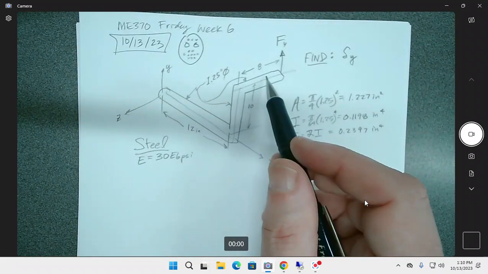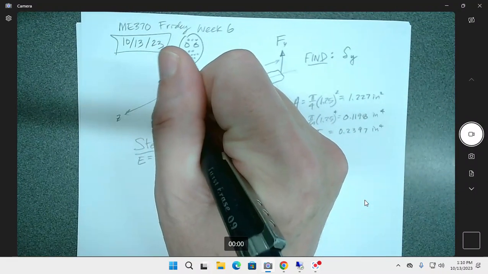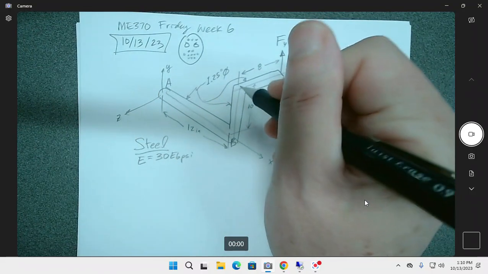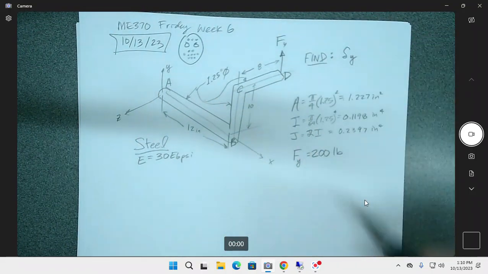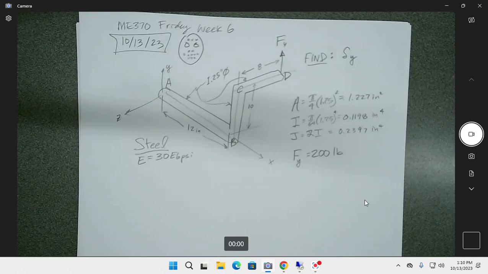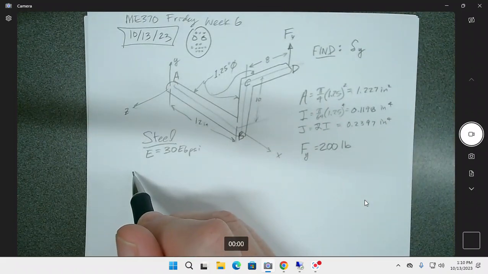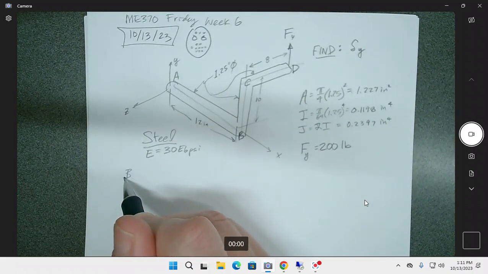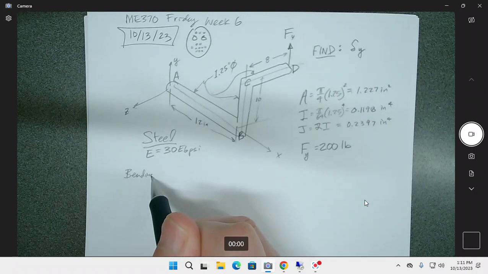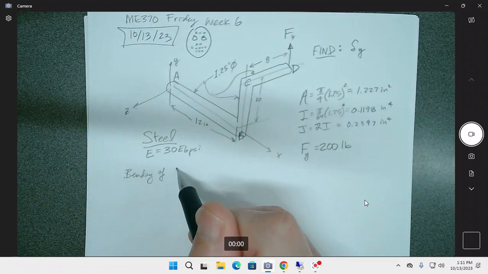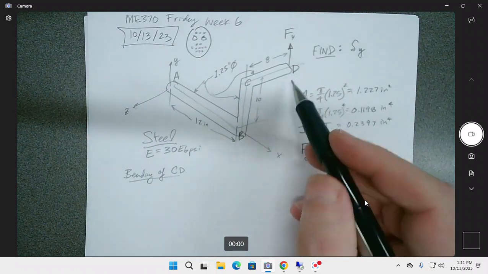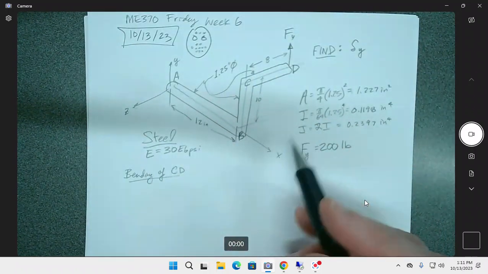Maybe I'll just march through this, and I'm gonna call this A, B, C, D. My first one I think I'm gonna do is bending of CD. So I'm going to go from that direction through the thing.